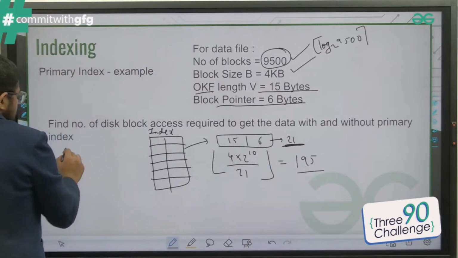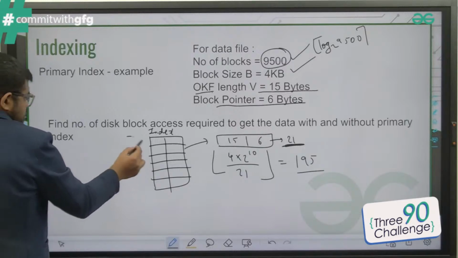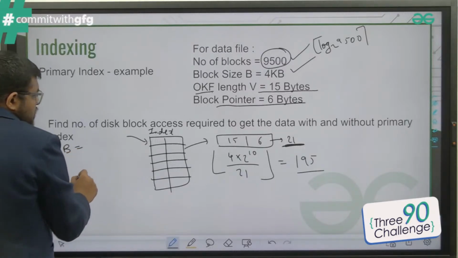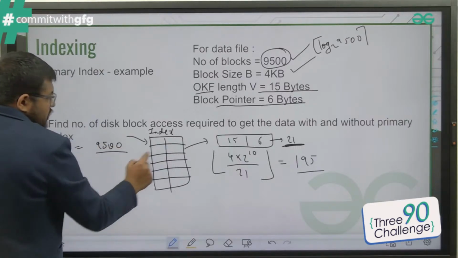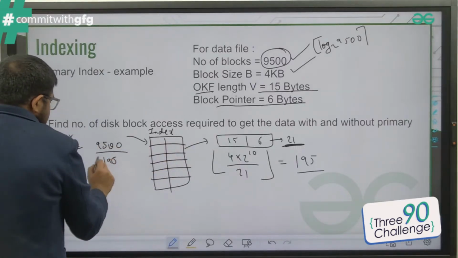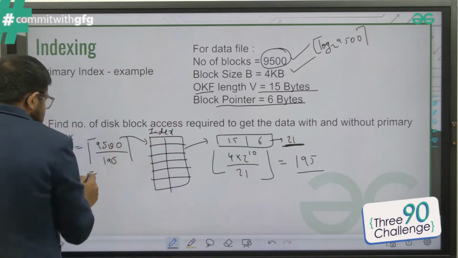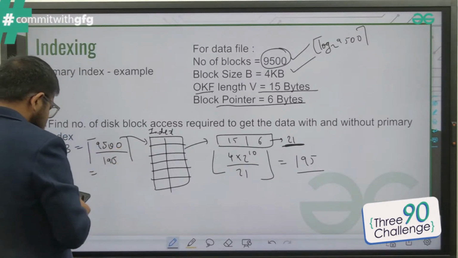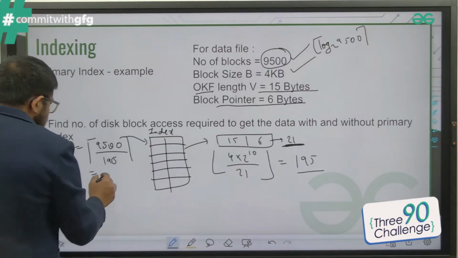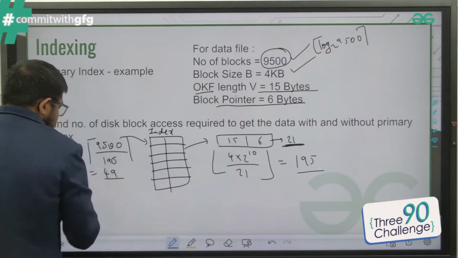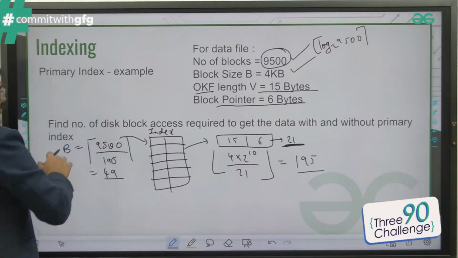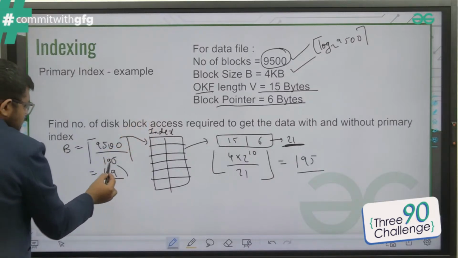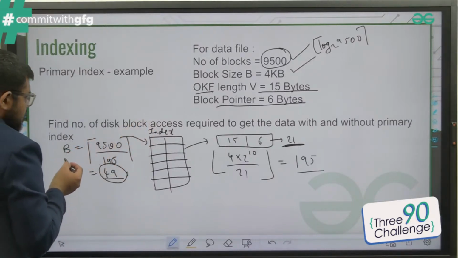So how many blocks will be there in the index structure? The number of blocks is the total number of records divided by the number of records in one block, with the ceiling value. This will be 9500 divided by 195, which gives 48.71, that is approximately 49. Now, to access a particular piece of data, you can run binary search on these 49 blocks only.